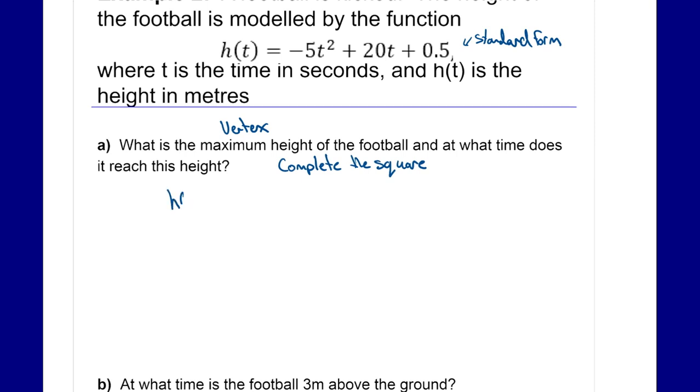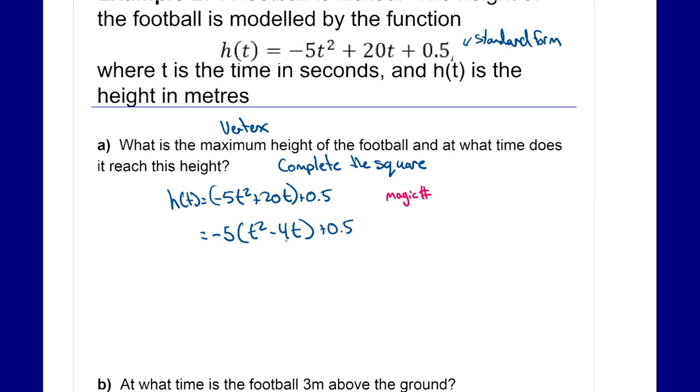So if we start off, h of t is equal to negative 5t squared plus 20t plus 0.5. The first step was to put brackets around the first two terms and then factor out the value in front of the squared variable. So I'm going to factor out a negative 5, t squared minus 4t plus 0.5. From there, I needed to find my magic number.